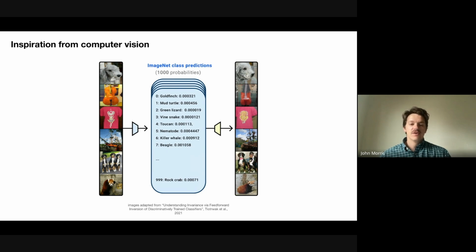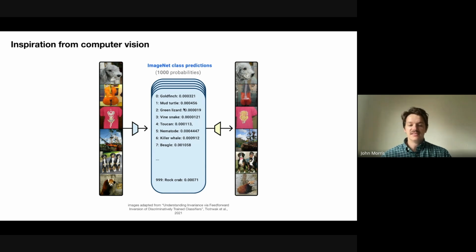This paper and some previous work have shown that if you take just this vector of 1,000 numbers, you can actually infer with really high fidelity what the input looked like. Each of these images is separate. If you look at the top one, it's this poodle, and it shows that there's some signature, even though the model is probably saying it's like 0.999 poodle.